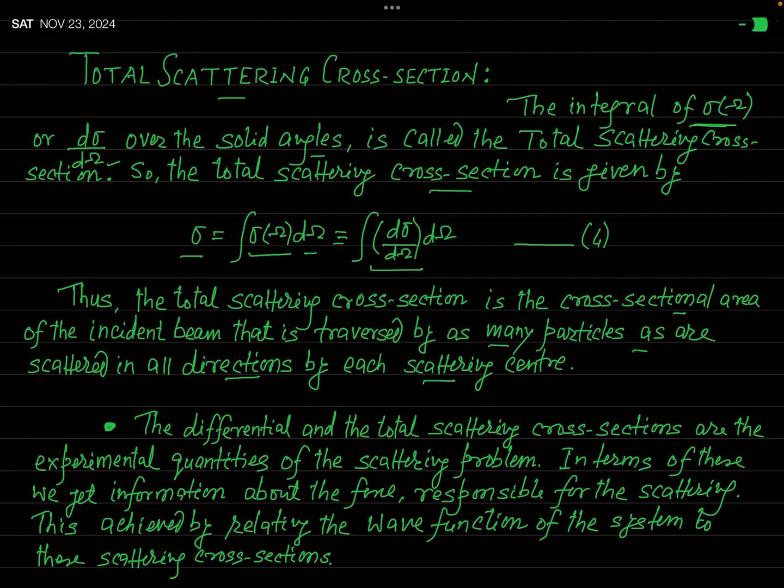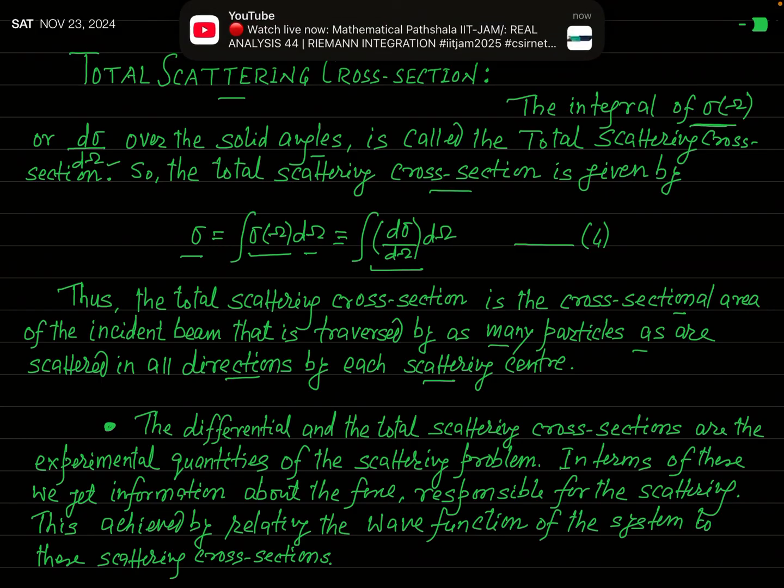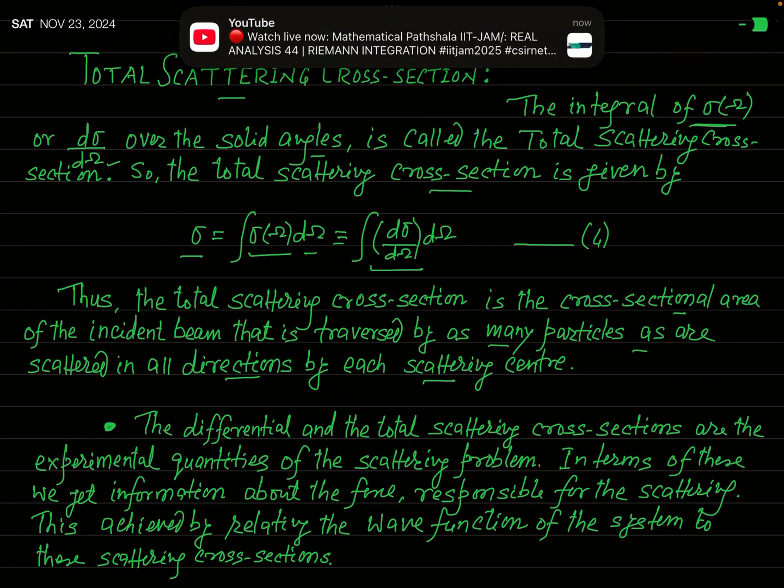This is just a basic definition. But our problem of scattering will be solved when we learn the relation between the wave function of the system and these scattering cross sections. Then our scattering problem will be solved quantum mechanically, which we will discuss in our forthcoming lecture. Now we will see some of the important facts regarding these scattering cross sections.